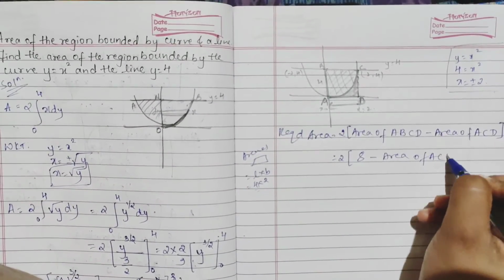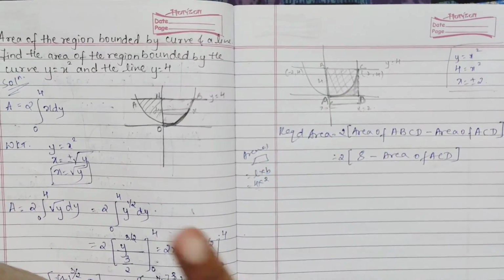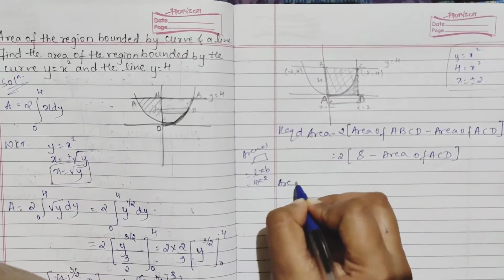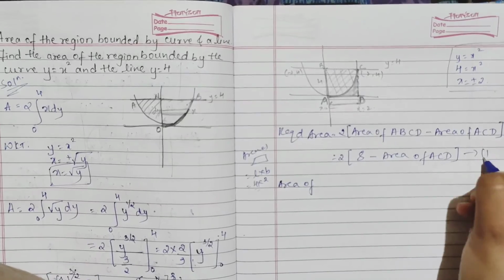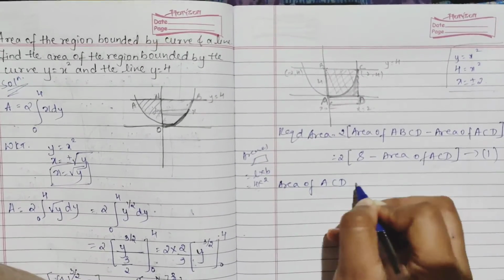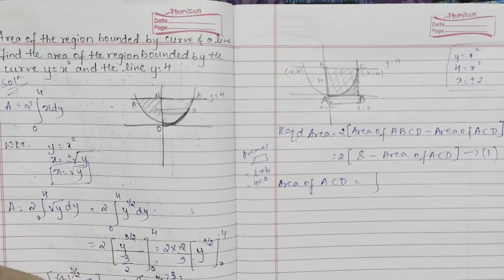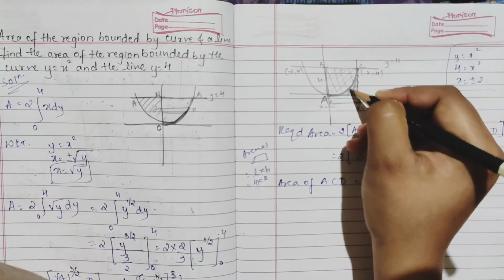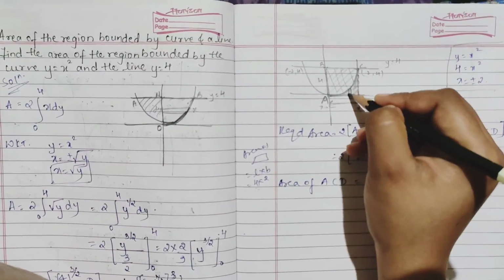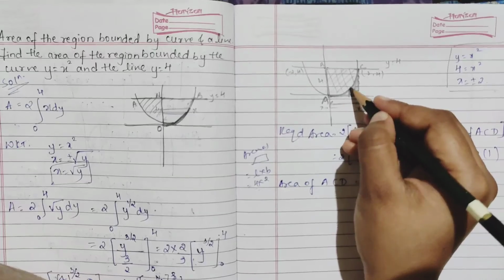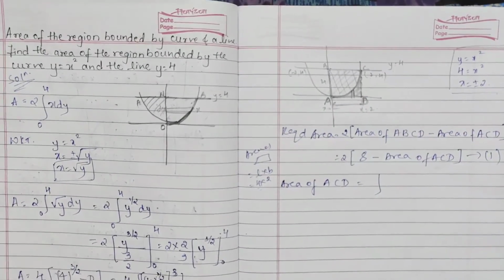Now how will we find the area of ACD? Same way as previous, consider only the area of ACD, take this as 1. Again we take a strip here, under this curve.